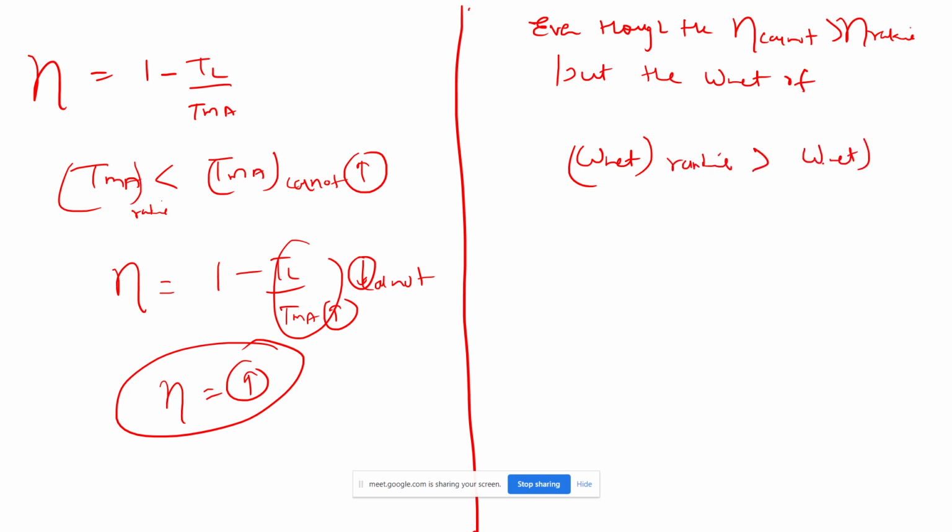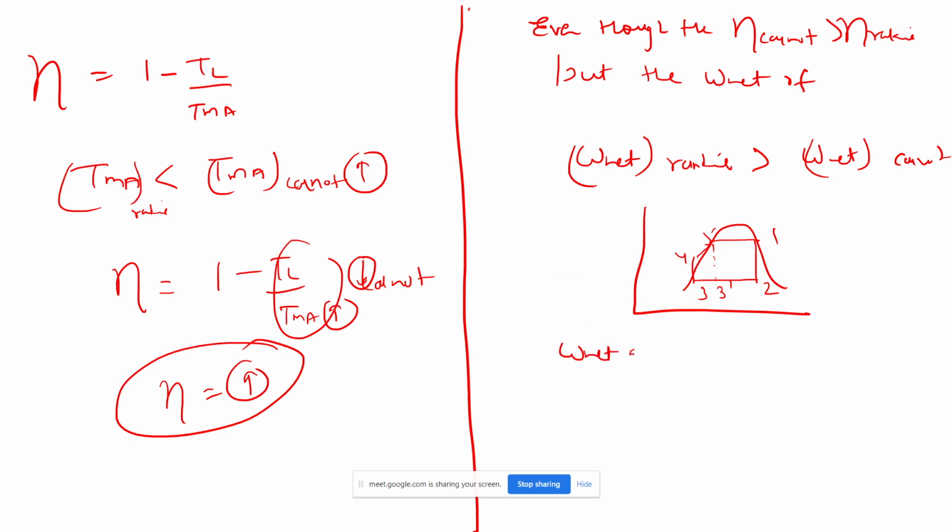Work net of Carnot. What is the net work equal to?